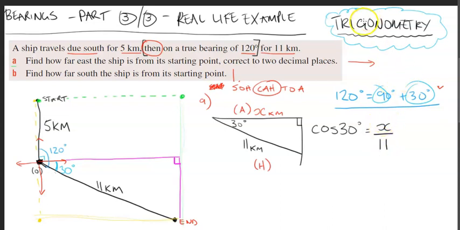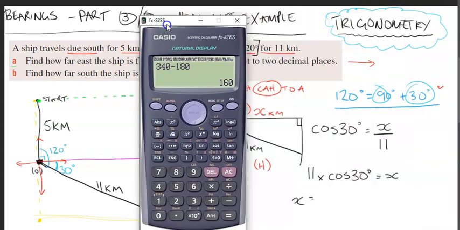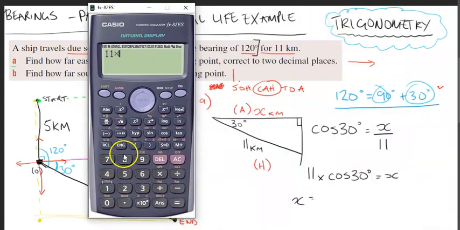Alright, and this is where our trigonometry is going to help us answer the first question. Whenever there is a number on the bottom that has been given, and what we're looking for, our unknown, is on the top, you just get the bottom number and you multiply it with the trigonometric identity. So in this case, 11 times cos 30 degrees is going to give us our x. So x is equal to, grab my calculator out, 11 times cos 30 degrees.